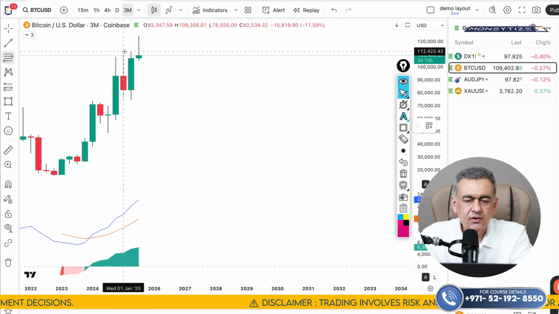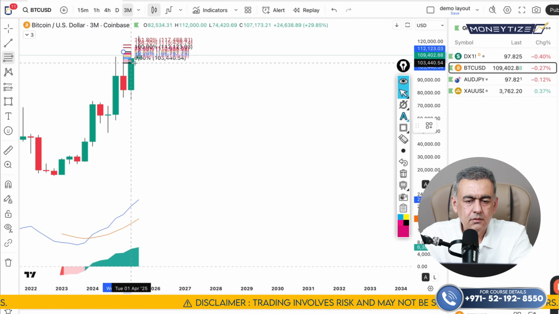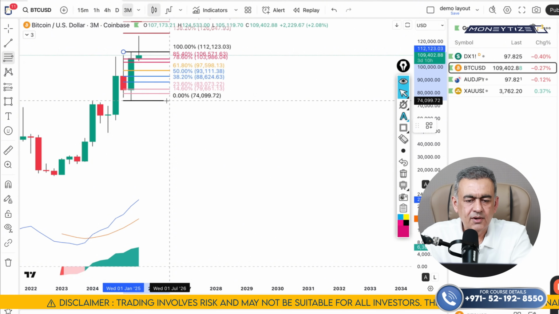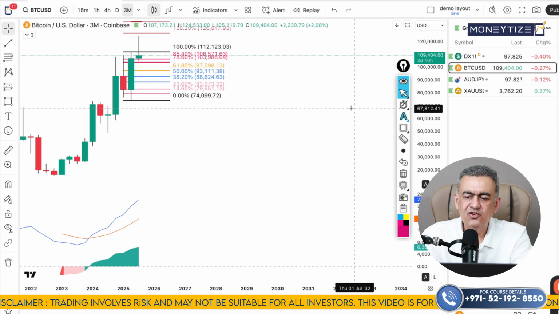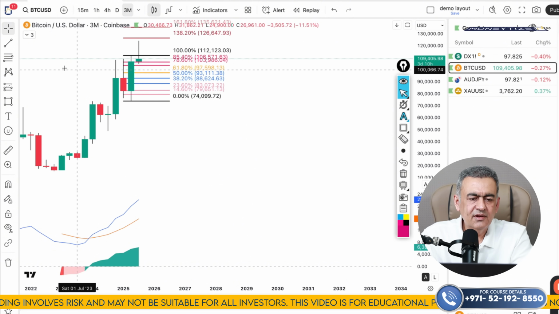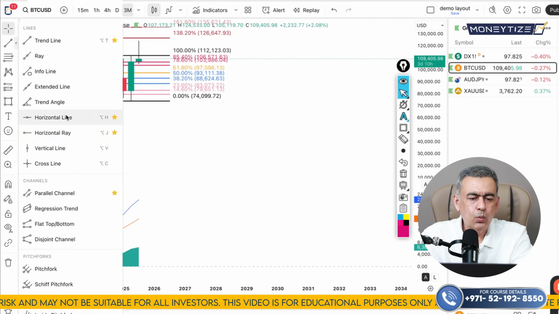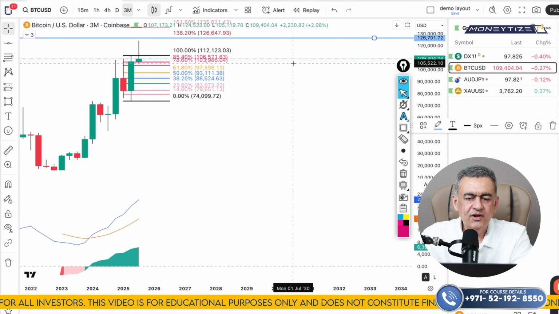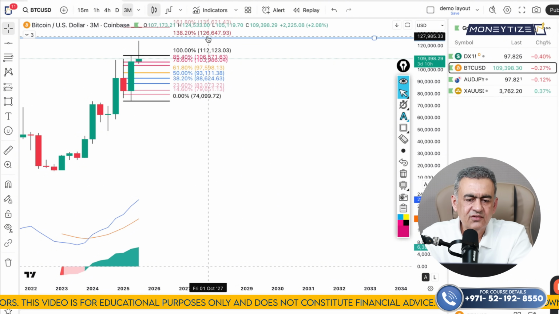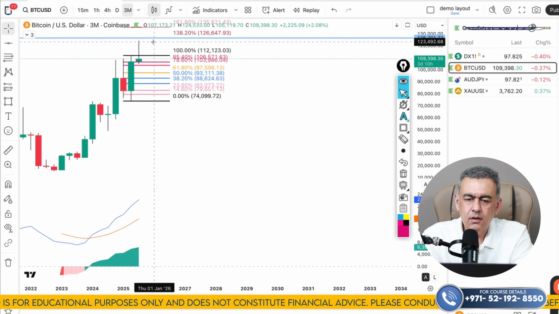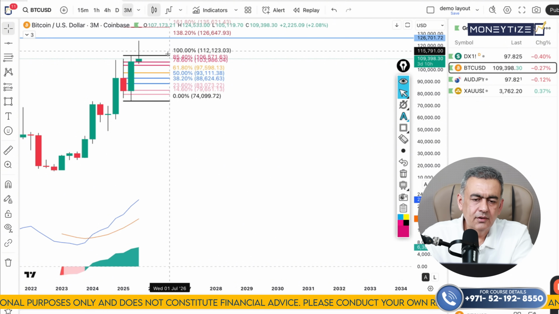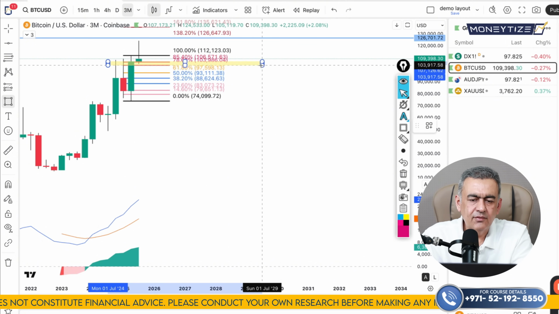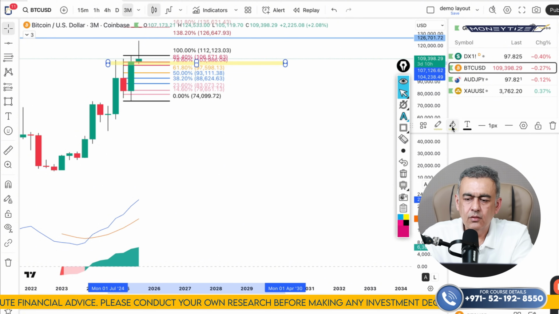Now, starting from the highest shadow, connecting with the lowest, I'm using reverse fib retracement. On the basis of reverse retracement tool, the first extension level is $126,647, and it reached almost to 126, missed by a few hundreds of dollars here, and the nearest support lies between 78.5 to 85.4.